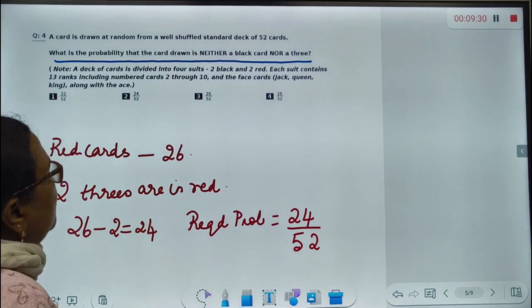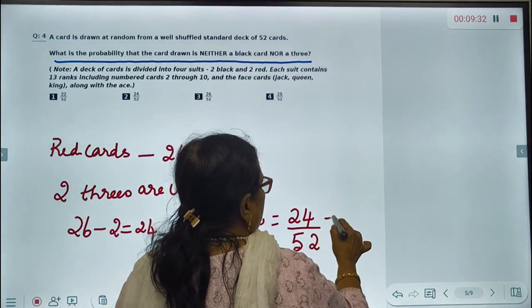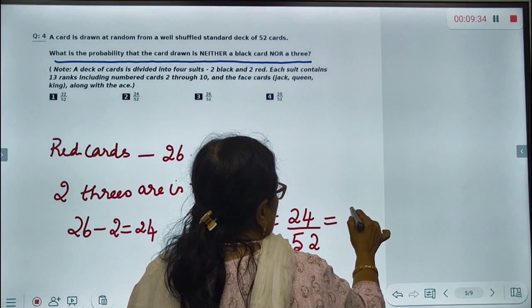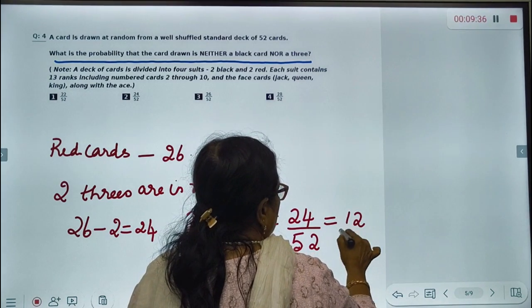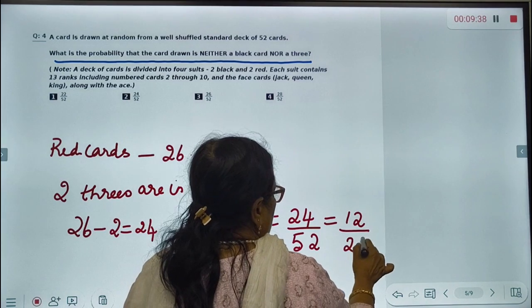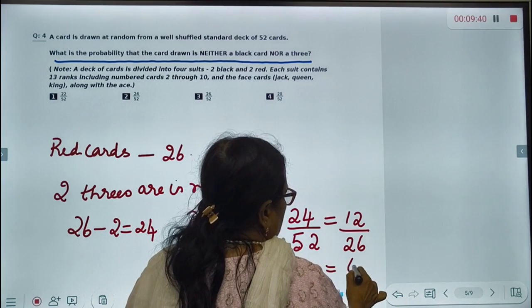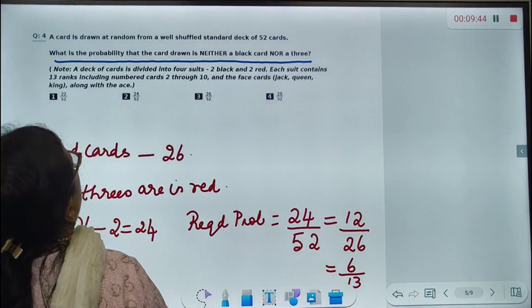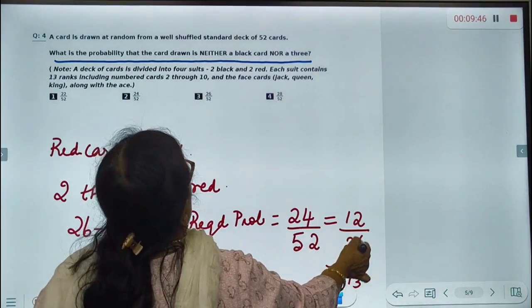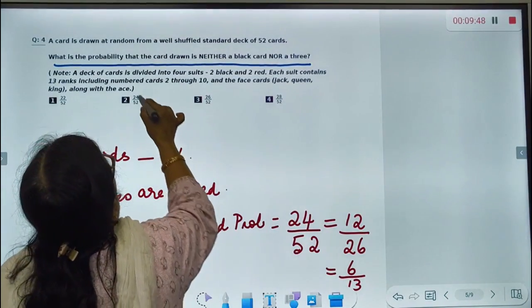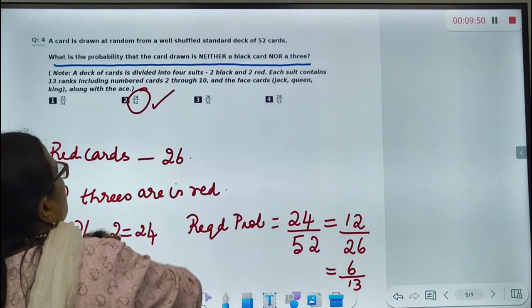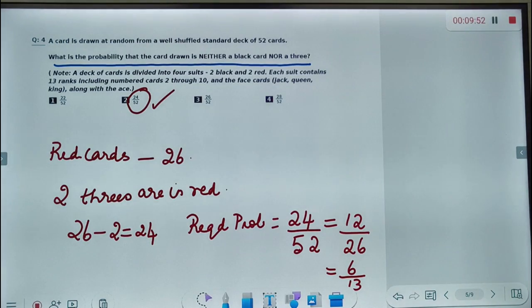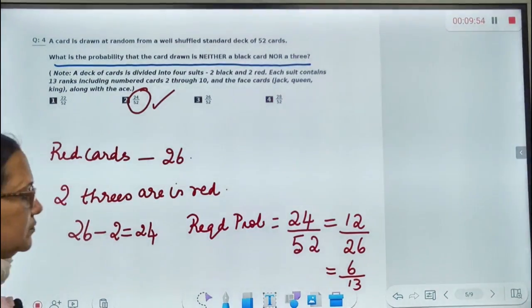Total number of cards is 52. So this will be 12 by 26, 6 by 13, or 24 by 52. So 24 by 52 is the correct answer.